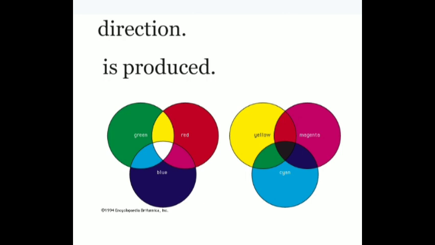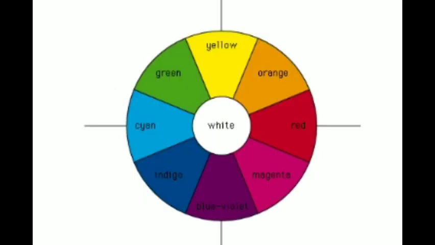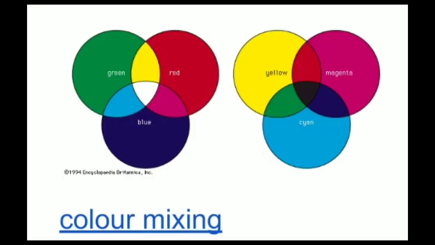Newton's color circle combines the spectral colors red, orange, yellow, green, cyan, indigo and blue-violet with the non-spectral color magenta, a mixture of blue-violet and red light beams, as shown in the figure.